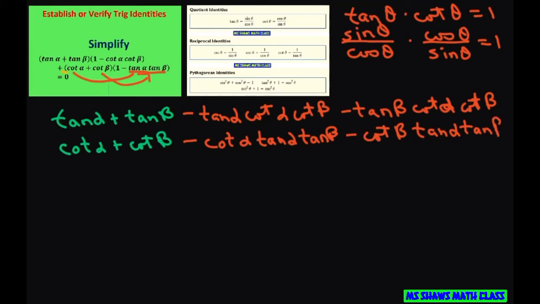All right. Now we're going to simplify. So we have tan of alpha plus tan of beta.